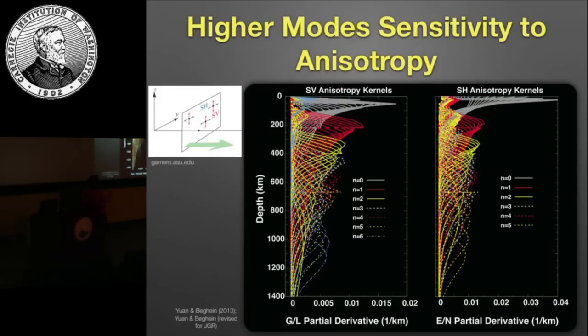This figure shows the sensitivity of these two types of surface waves, of higher modes, to structure in the Earth. So on the left, we have the sensitivity of Rayleigh wave to the azimuthal anisotropy of vertically polarized shear wave. So it's a shear wave that would, if it traveled from left to right, be polarized like this.